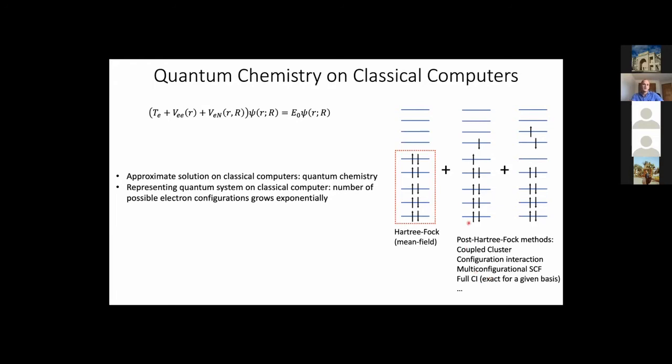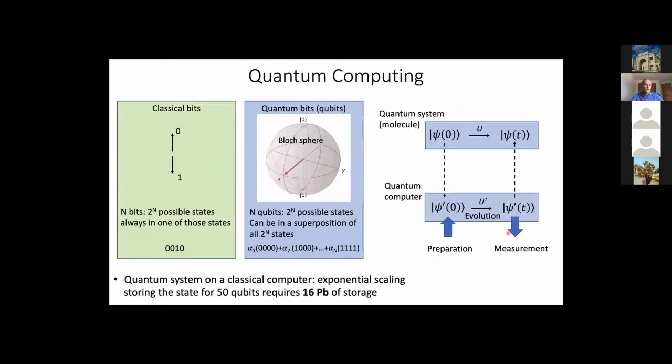given basis. But the problem is that with these approaches, the number of possible electronic configurations grows exponentially with the system size. So how can we leverage quantum computers for that? When we deal with classical bits, we have 2 states, 0 and 1, for n bits, 2 to the power of n possible states, and our system is always in one of those states.